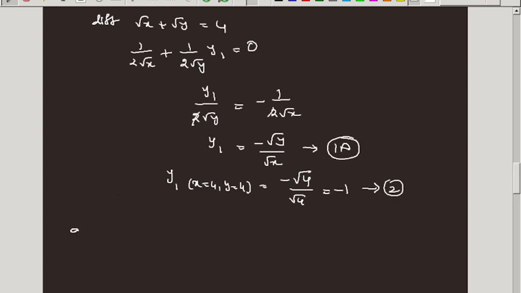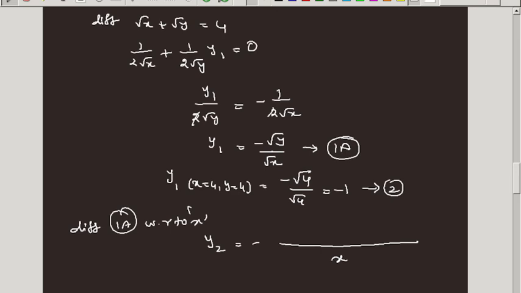So here we must differentiate 1a with respect to x. So here y1 become y2. So here we must apply the quotient rule, minus dividing by root x square is nothing but x. Now first we write the denominator root x, then differentiation of this root y is nothing but 1 dividing by 2 times root y into y1 minus the formula.